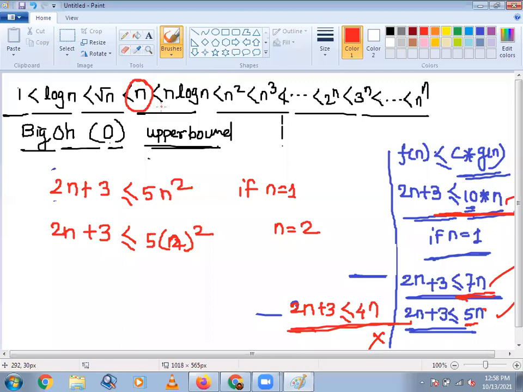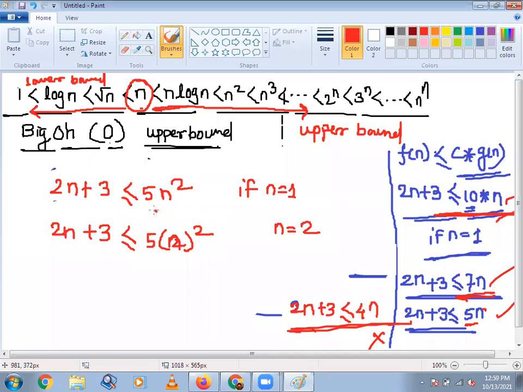So this part satisfies. From this point towards the right side, this is the upper bound, and from this point towards this side, this is the lower bound. And what is n? n is the average bound. For 10n, 7n, 5n, this is the average bound.